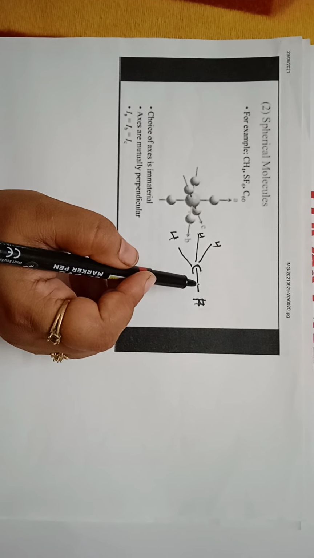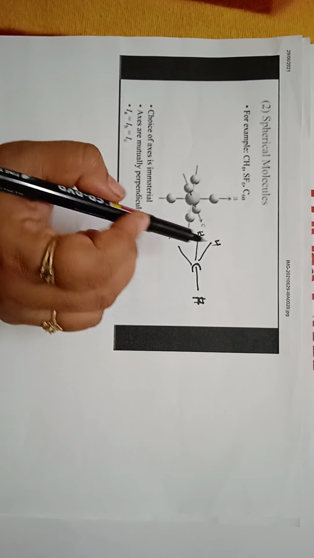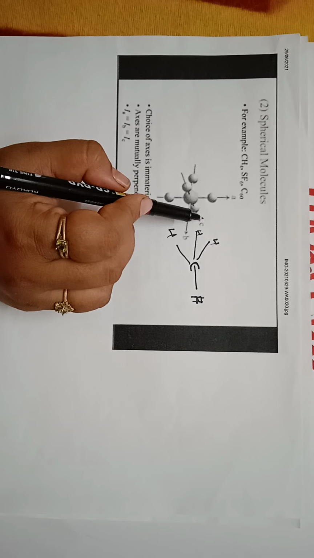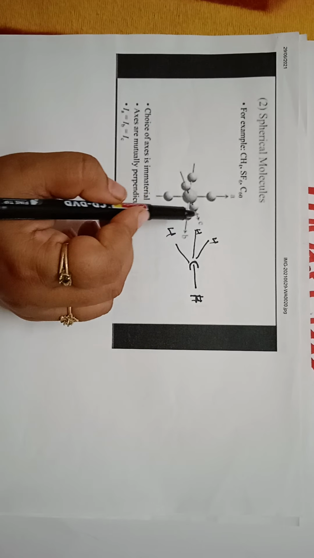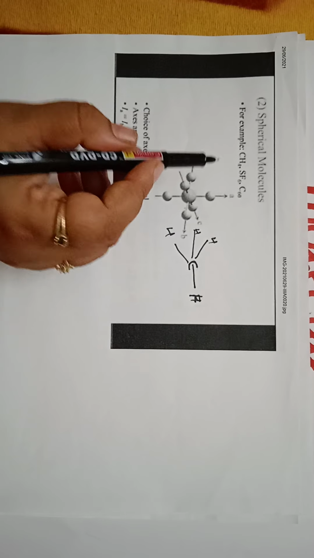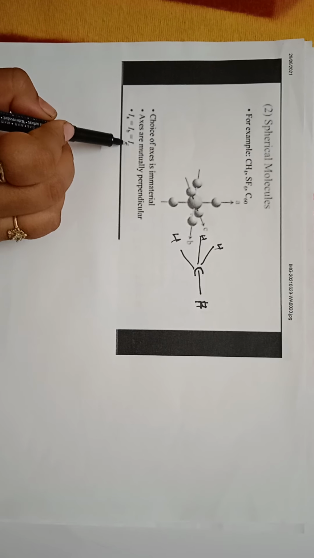A simple example is the tetrahedral molecule CH4. We have IA is equal to IB is equal to IC because the moments of inertia are identical. So in spherical molecules, IA is equal to IB is equal to IC.